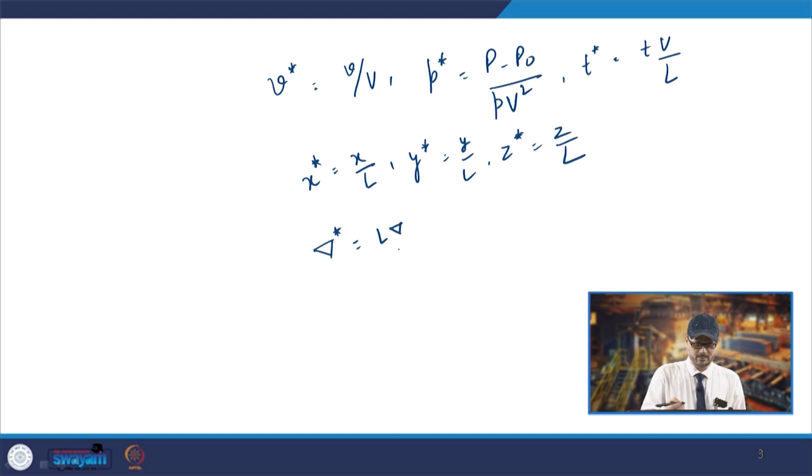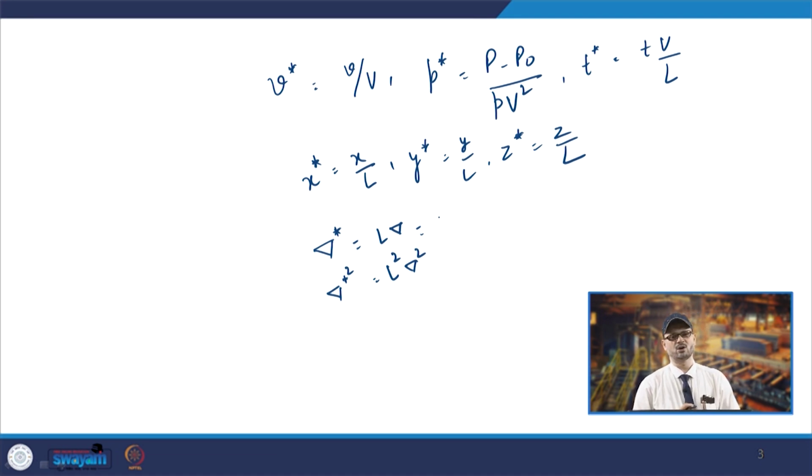Similarly, you will have del star square, that will be L square times del square. So, you will have dou square by dou x star square like that, which is L square times dou square by dou x square, and del star multiplied by that.